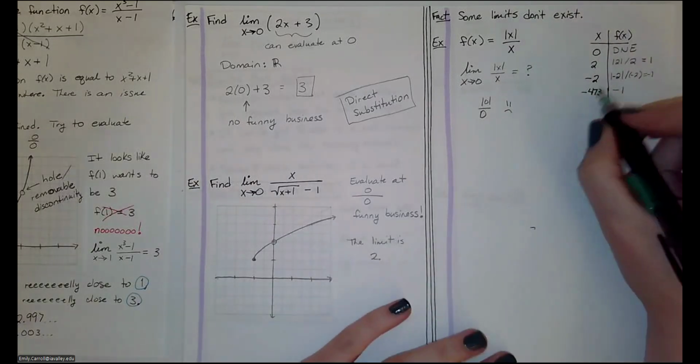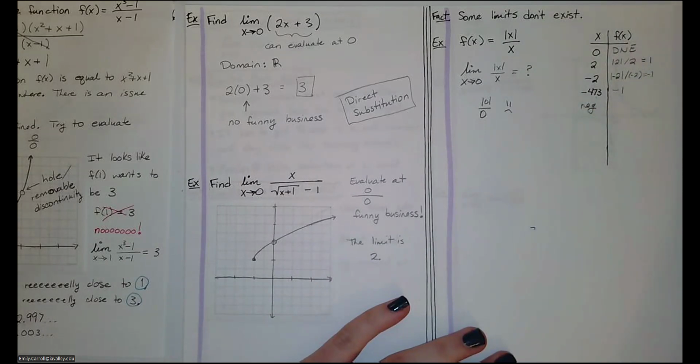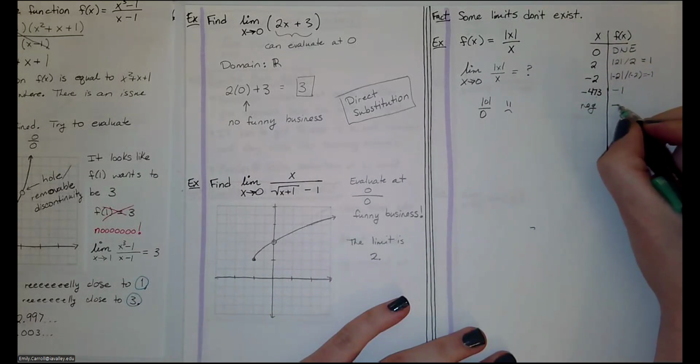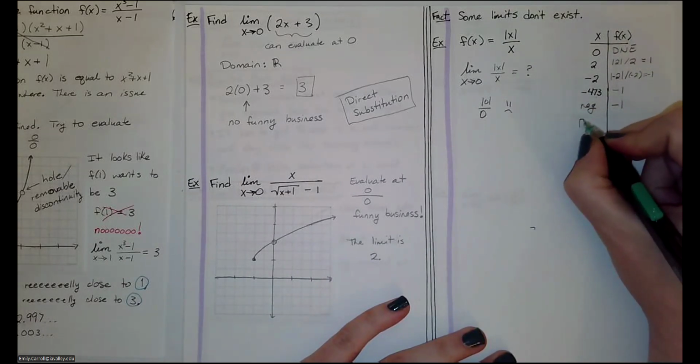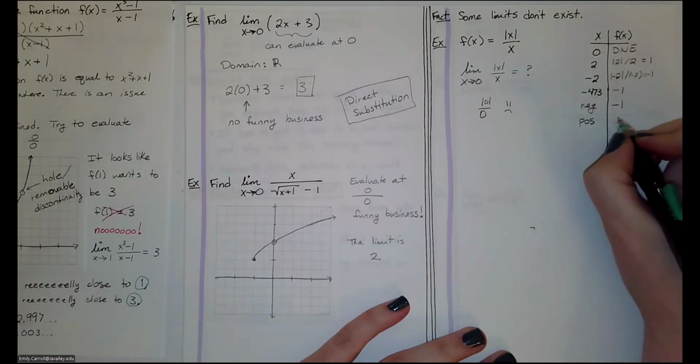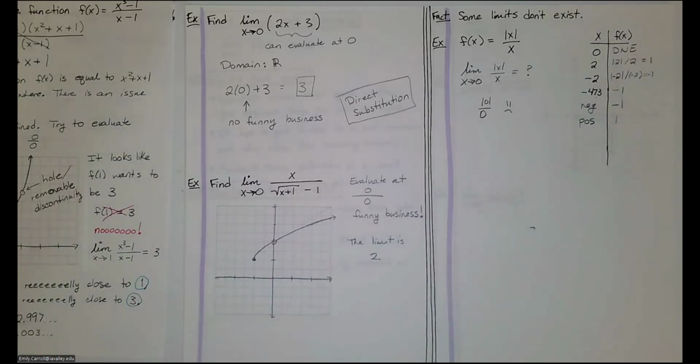So when x is negative, f of x is negative 1. When x is any positive number, f of x is positive 1. But what's happening near 0? That's the interesting question.